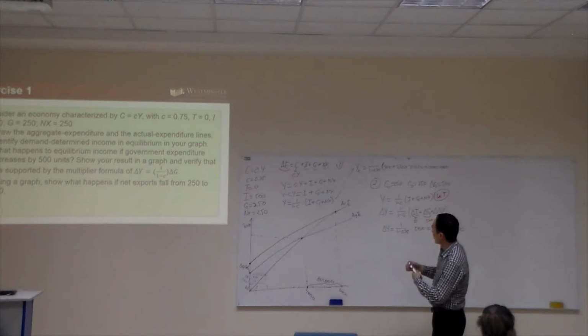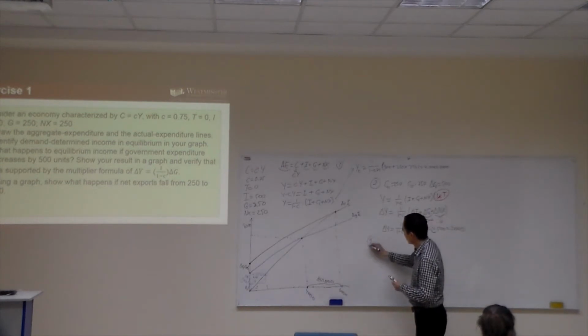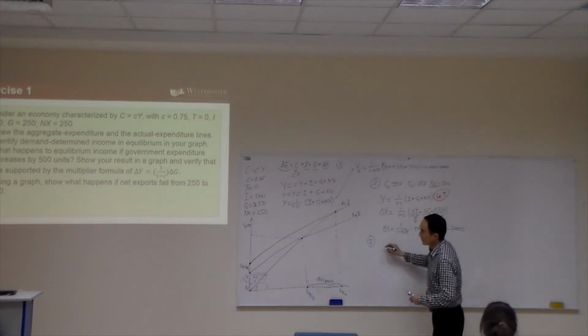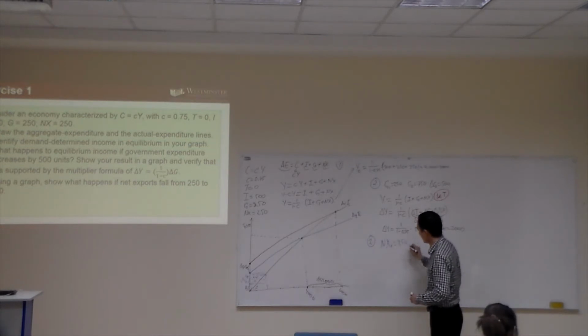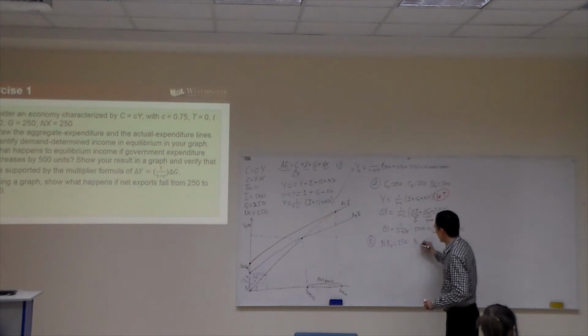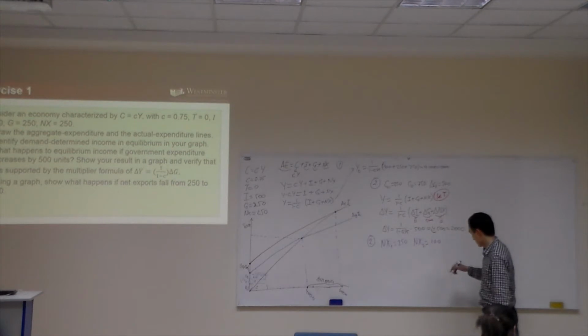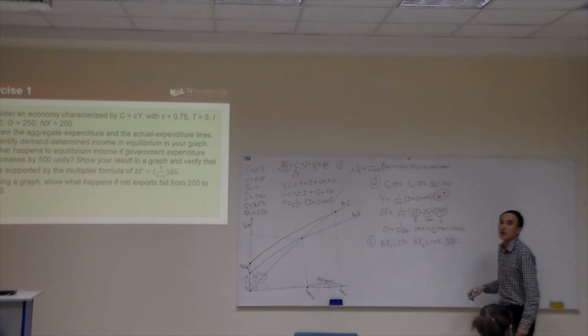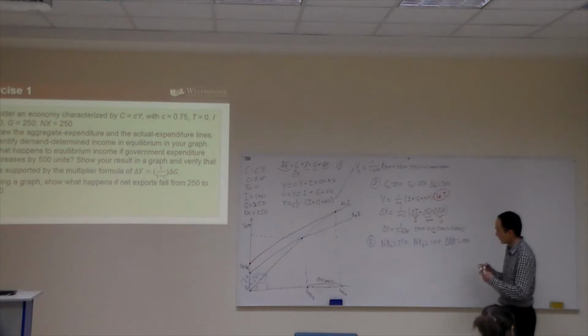Now, in this one, we are arguing that net export, which initially was 250, now it reduced to 100. Which means that change in net export is minus 150, right? Minus 150 because it reduced.